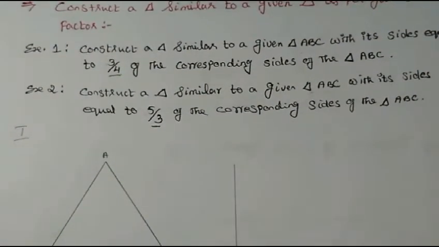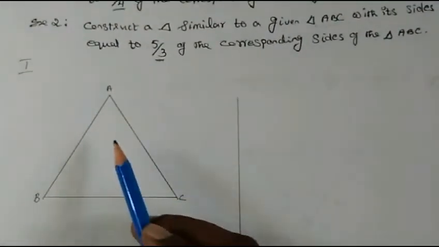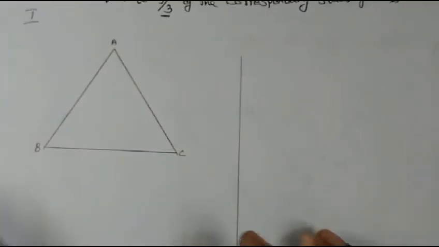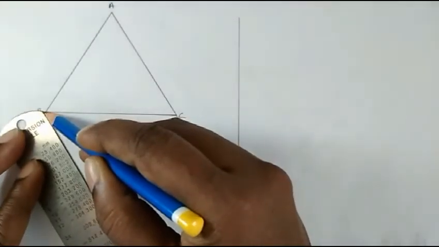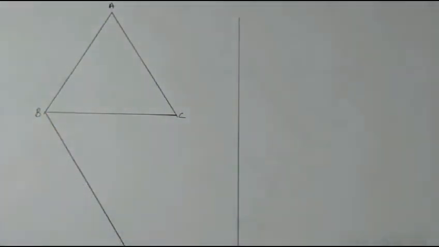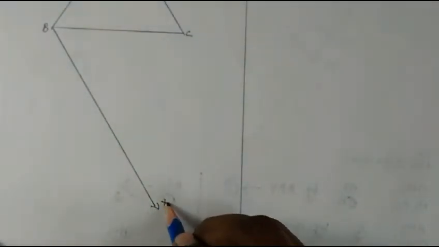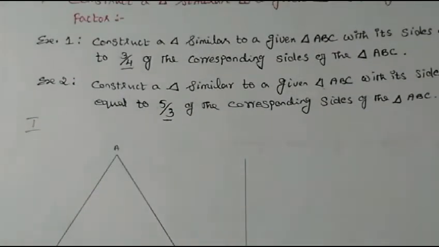Now we have to construct 3 upon 4th of the triangle. As I told you in introduction 1, first you have to draw an acute angle, and name it as X. Now see the ratio that is given to us.